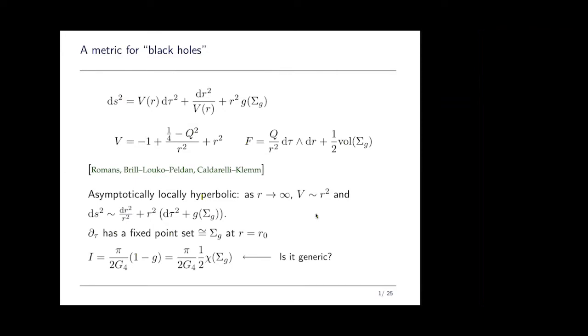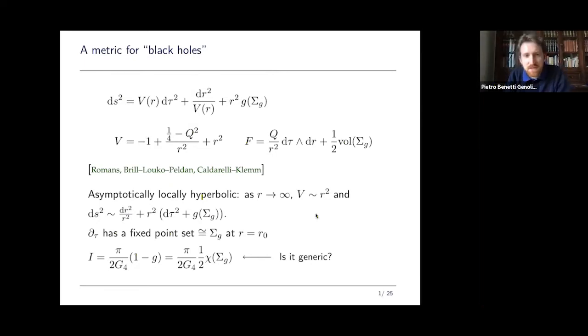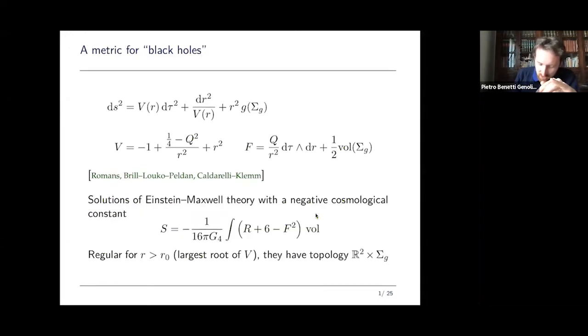By the way, second question: is the near horizon metric also a solution of the same theory, Einstein-Maxwell theory? Yes. So this metric has two limiting behaviors. I can either send R to infinity, and I obtain this effective metric near the boundary, or I can set R going to R0, and I obtain the metric on R2 times sigma G here.